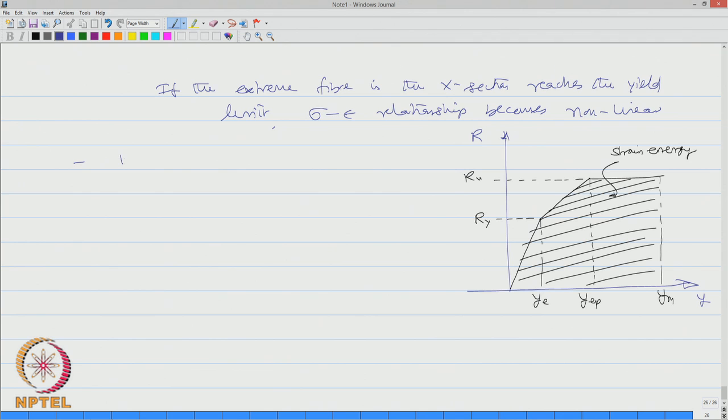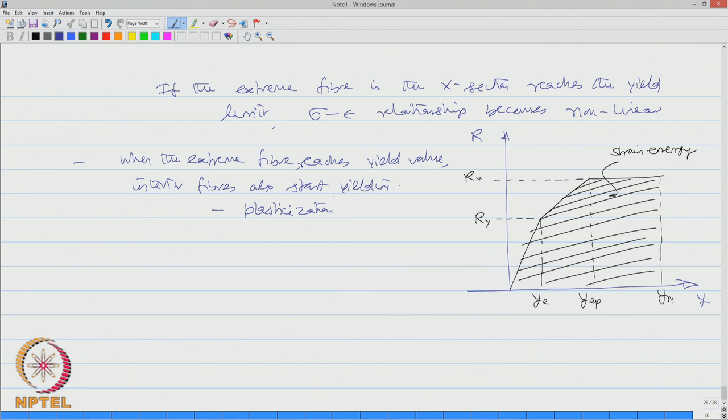So, when the extreme fiber reaches yield value, interior sections or interior fibers also start yielding. We call this as section plasticization.